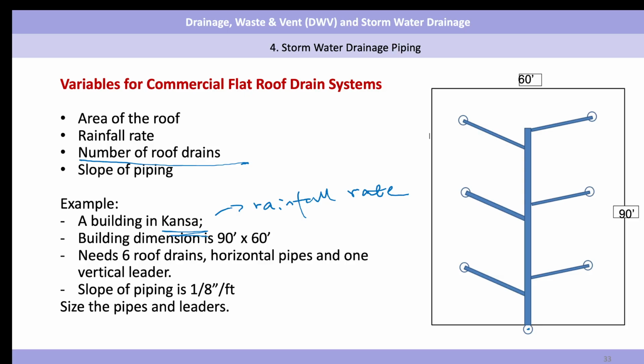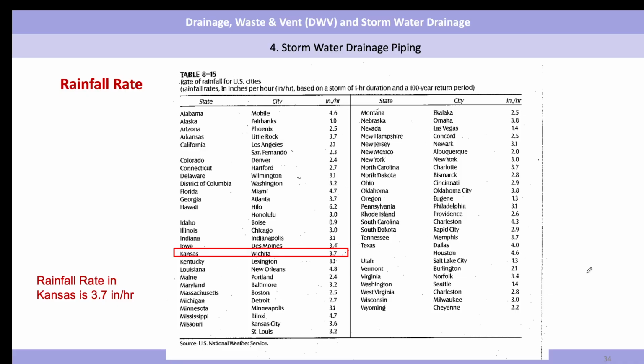This one is the vertical leader, and these are all horizontal branches. The slope of the pipe is 1/8. Size the pipes and leader: size all horizontal pipes and this leader. And this one has 6 drains. Let's see how to do it.